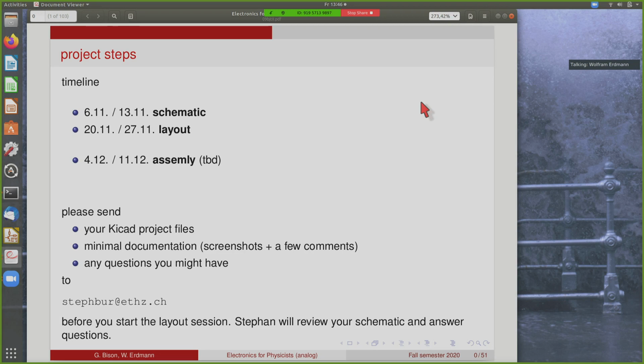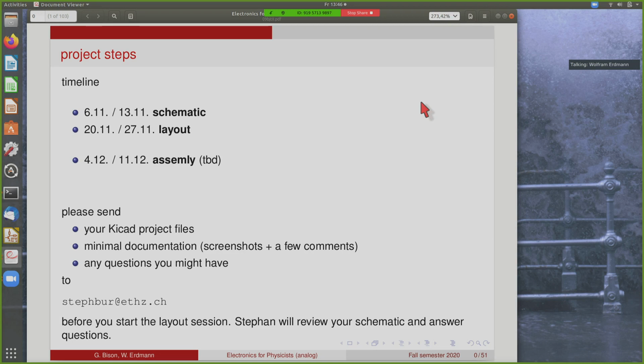The following 2 weeks are devoted to the layout, and then hopefully we find the possibility to do the assembly of the project in the last 2 weeks. We're not sure yet how this will work under Corona conditions, but we'll let you know in due time.